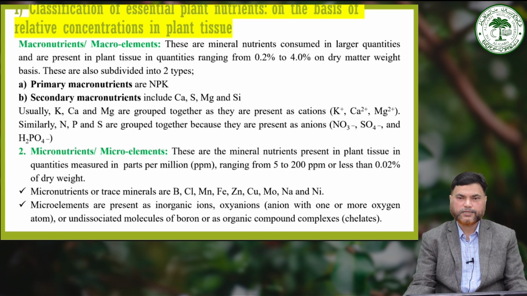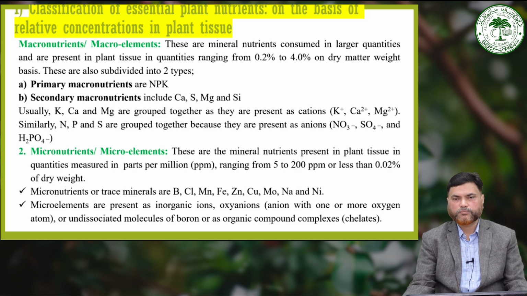So, you see that their concentration is high, and these macronutrients are further categorized into two types: primary macronutrients, which consist of nitrogen, phosphorus and potassium, and secondary macronutrients, which include calcium, sulfur, magnesium and silicon.